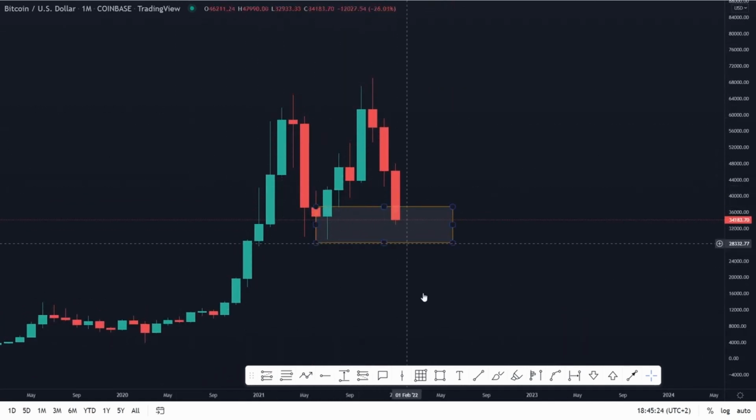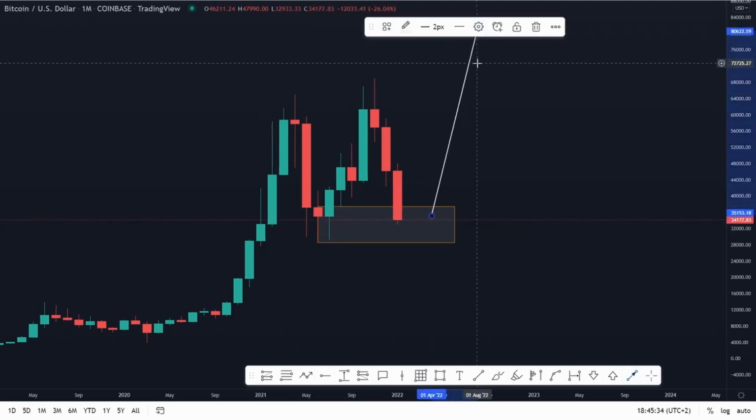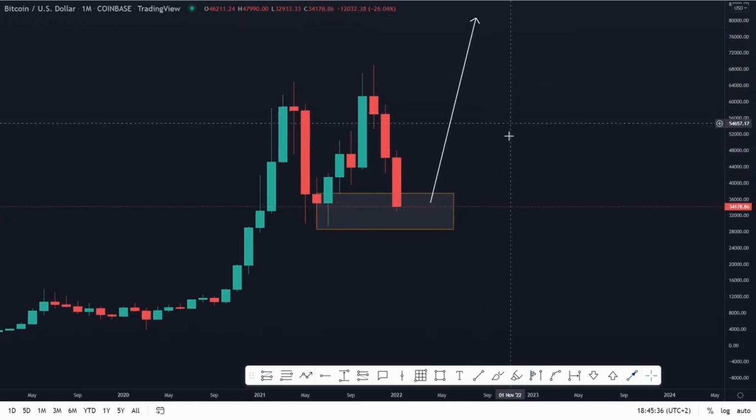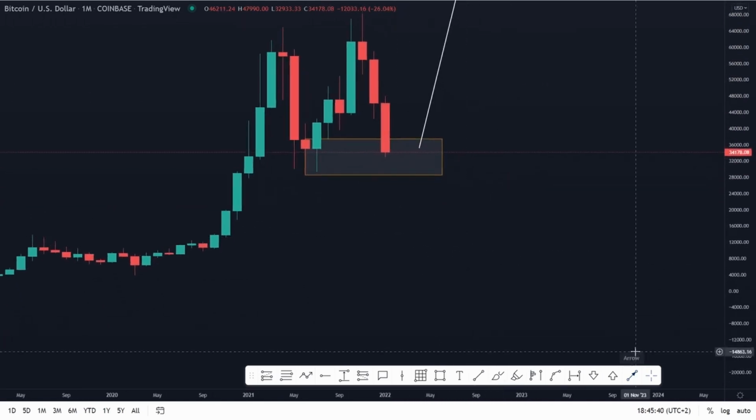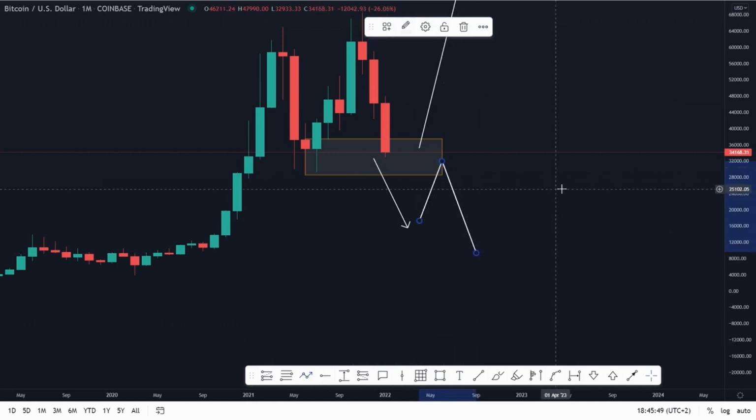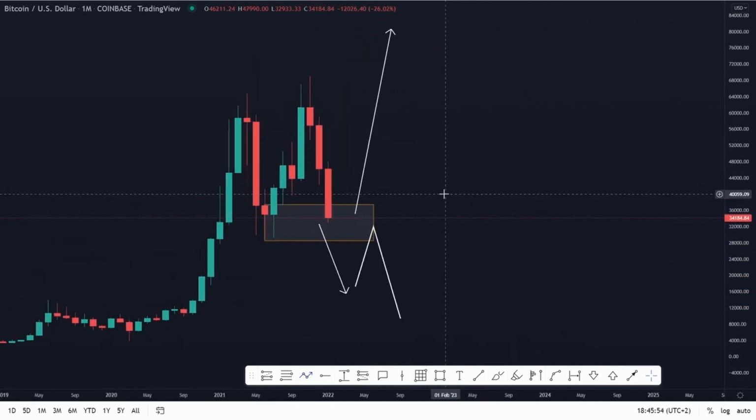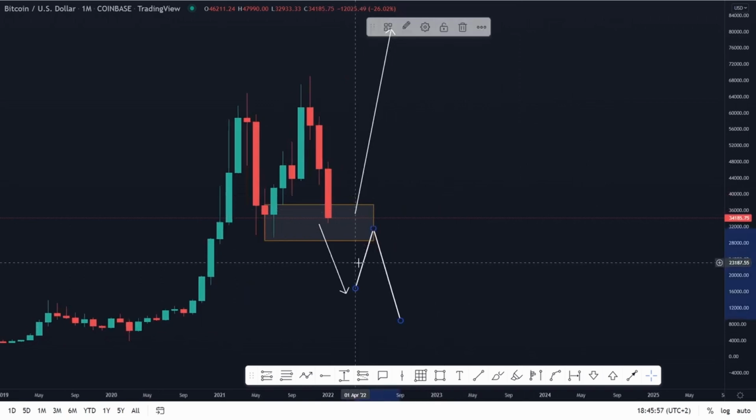But if we see a bullish candle over here that closes without going through this area, we can see Bitcoin going higher. But if the market breaks through this, we can see the market retracing back to this area over here, pushing low again. This is not a confirmed entry strategy.